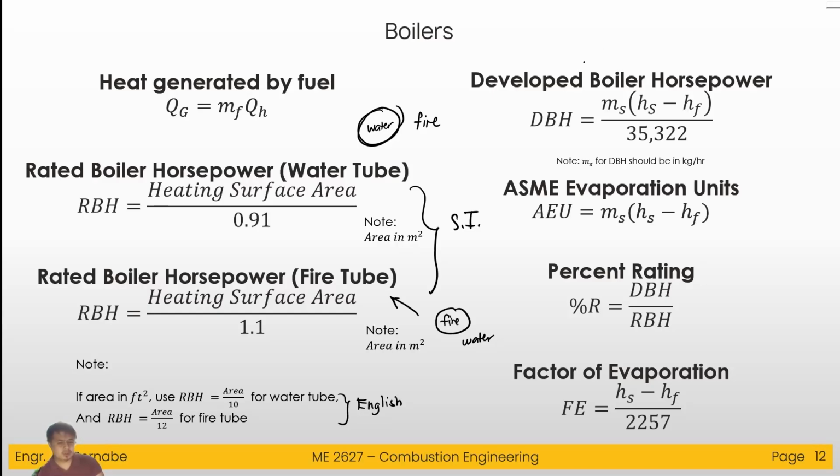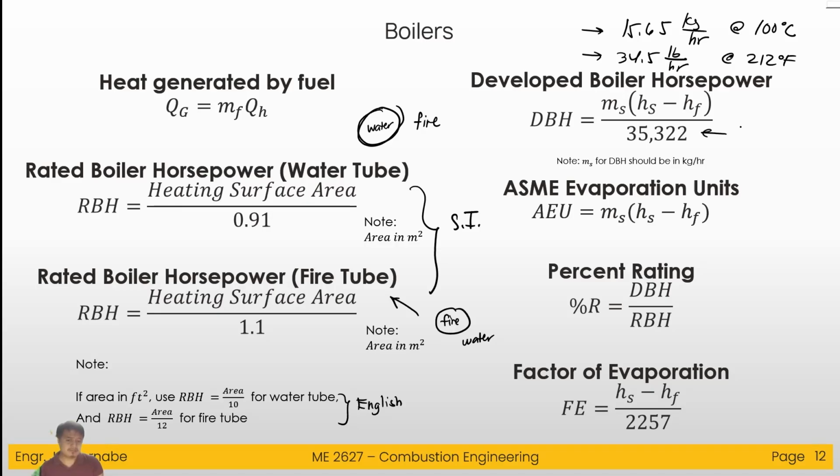The definition of boiler horsepower is how much energy is required to produce 15.65 kilograms per hour of steam at 100 degrees Celsius. Or in English units, you have 34.5 pounds per hour at 212 degrees Fahrenheit. So that's basically the same.